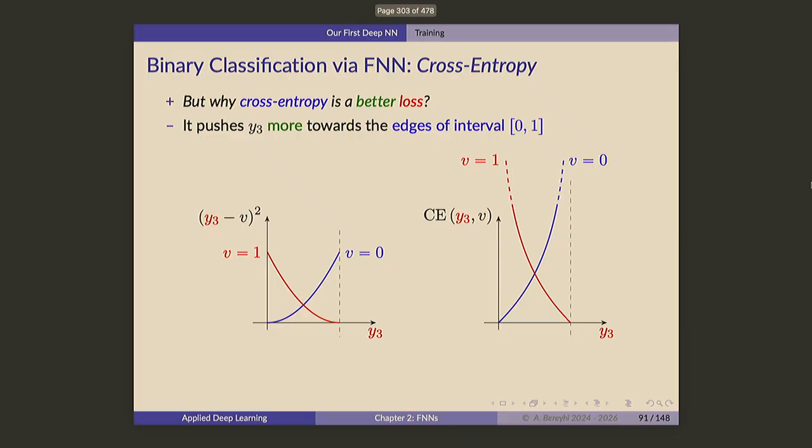The same thing holds if you think about the other label. So computationally, when you are computing the gradient with cross-entropy, that first gradient you compute with the loss is much larger when you are far away from the true label. This means the whole gradient could boost up, and you could potentially converge to the point that you want faster. Everybody's clear?